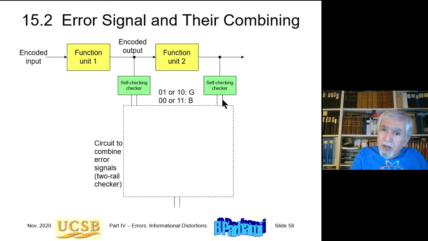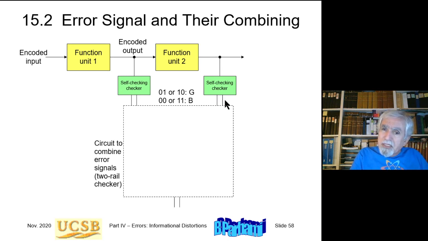So by having two output lines and insisting that both output lines assume values 0 and 1, for some combination of good inputs here, it generates 0, 1. For other combinations, it generates 1, 0. So both of these lines, through normal operation of the checker, assume the values 0 and 1.